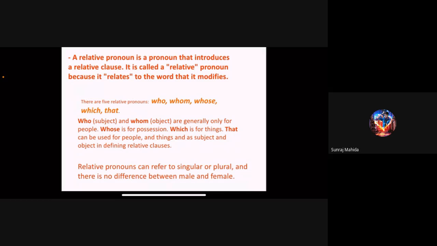Relative pronouns can refer to singular or plural, and there is no difference between male and female. So did you see, all of you, what is given? Who, whom, whose, which, that.